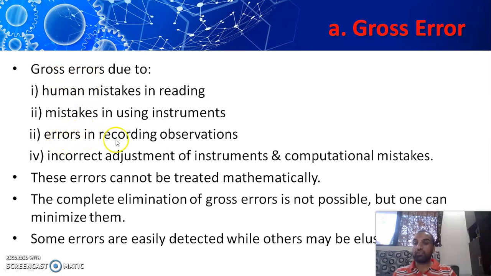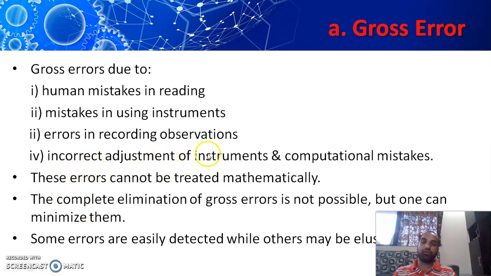The third one is errors in recording observations. When the person performs the experiment and does not record the correct reading, such errors are introduced under gross error. Also, incorrect adjustment of instruments and computational mistakes.